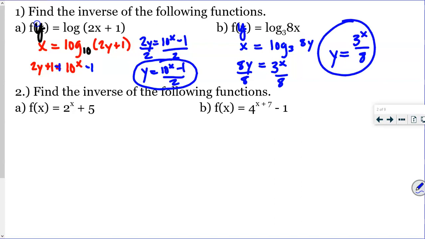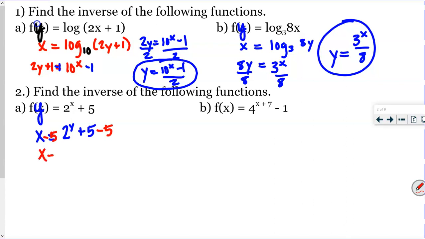Okay? All right, this next one says find the inverse of the function as well. So remember, that's still our y. So now we're going to say x is equal to 2 to the y power plus 5. We've got to get that base to the exponent of y alone. So we've got to subtract 5 from both sides.